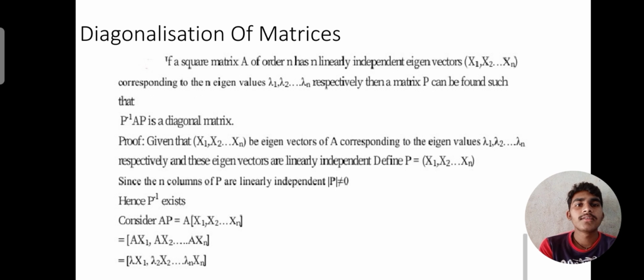Since the n columns of P are linearly independent, mod P is not equal to 0, hence P inverse exists. Consider AP equal to A[x1, x2 up to xn], which is equal to [A x1, A x2 up to A xn], that is equal to [lambda 1 x1, lambda 2 x2 up to lambda n xn].